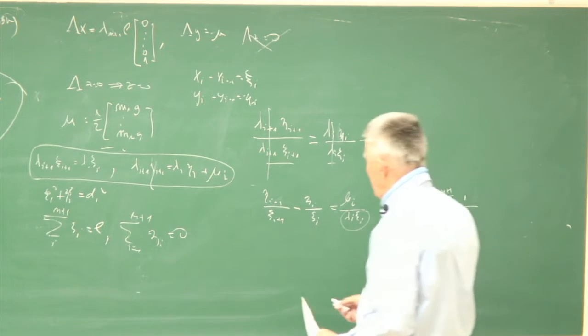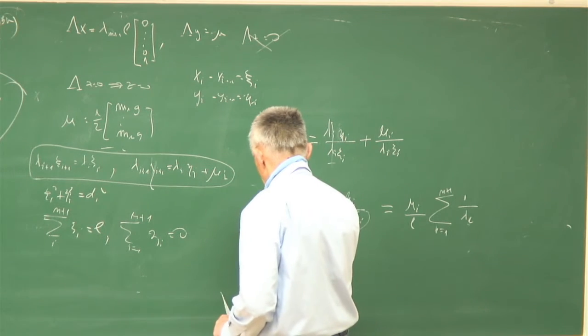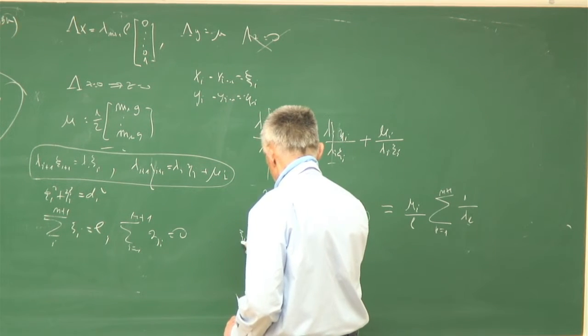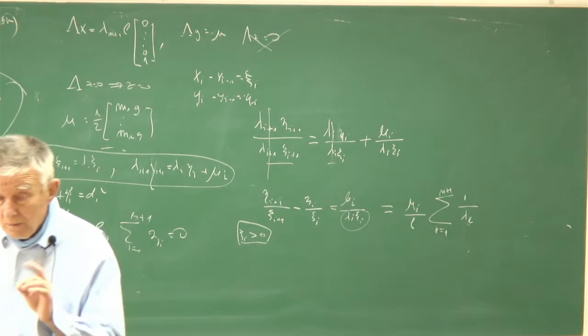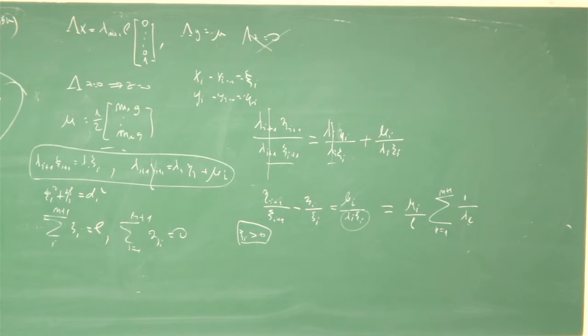I will take the special case where all xi i are positive. When will this be the case? We know it's the case where each of those lengths is less than the total one. This is a special case.